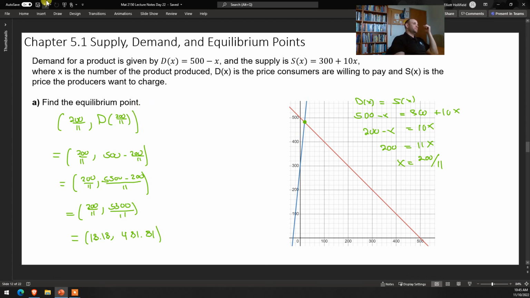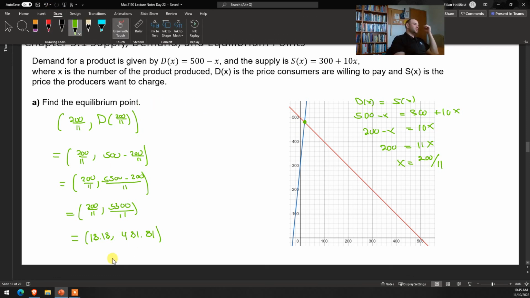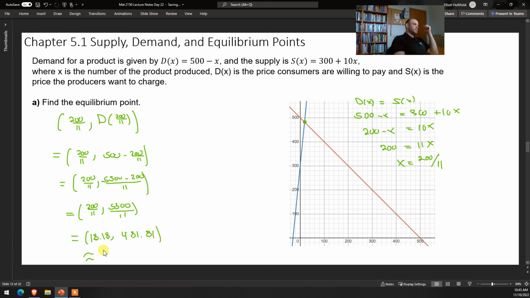Maybe from the start we should have rounded to 18, because what does it mean to produce 0.18 unit of an item? Keep that in mind.